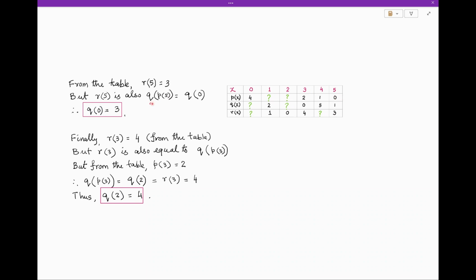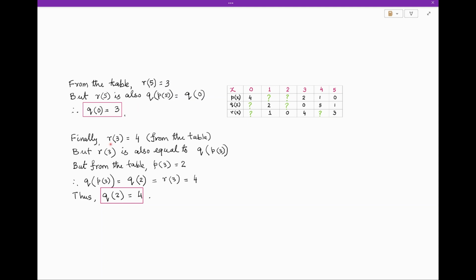So Q(P(5)) is Q(0). Therefore, Q(0) is equal to 3, because Q(0) is Q(P(5)), and that is the same as R(5), and R(5) is 3. Hence, Q(0) is 3.